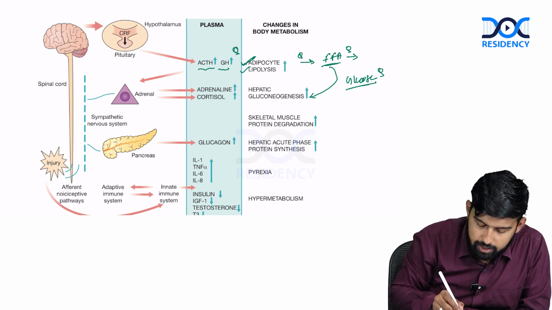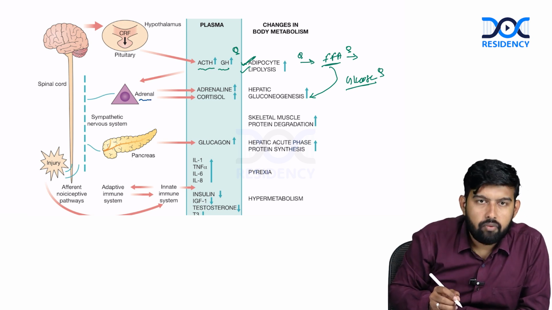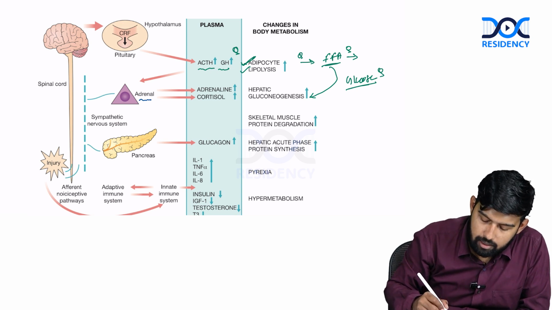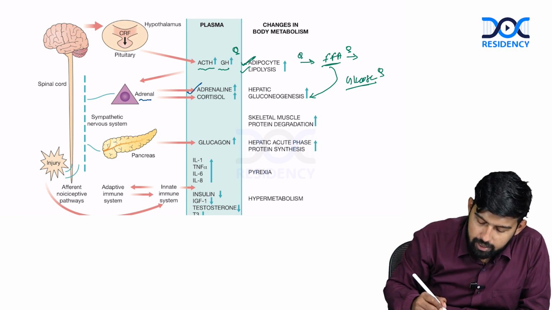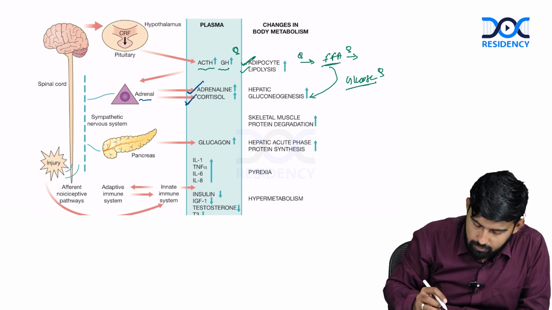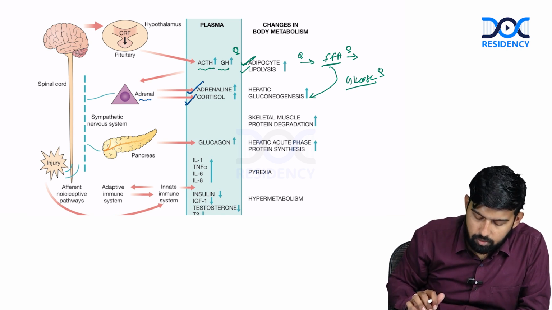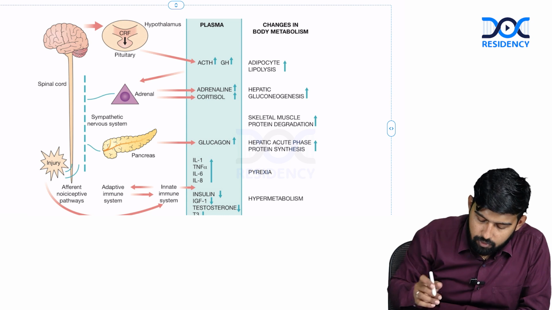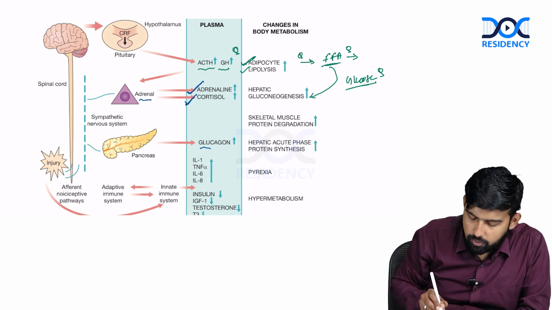ACTH also stimulates the adrenal gland, and it will result in an increase in the serum concentration of adrenaline and cortisol, and there is a systemic stimulation of the pancreas which releases glucagon.